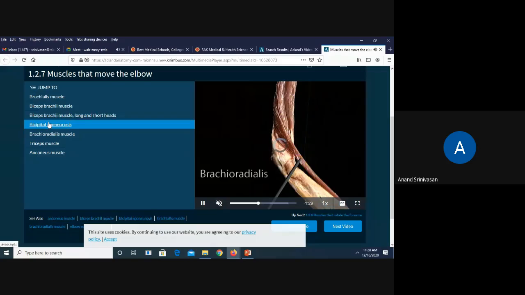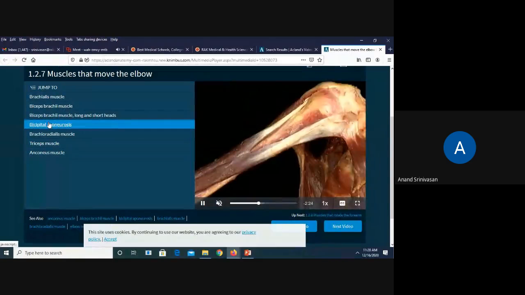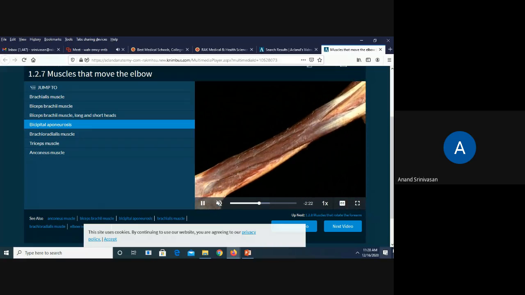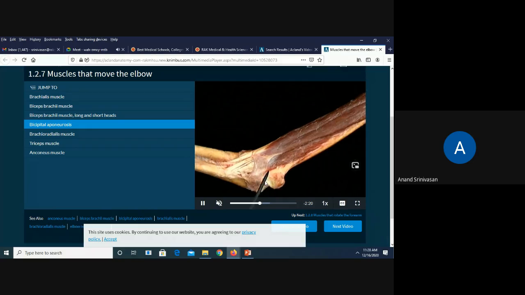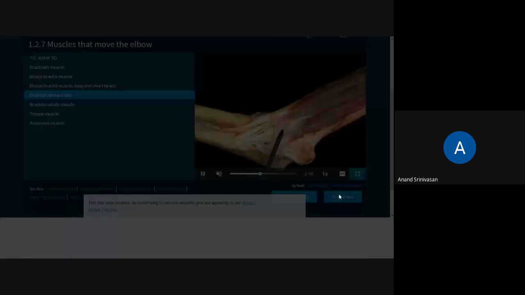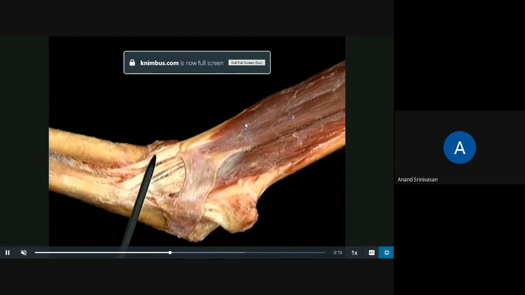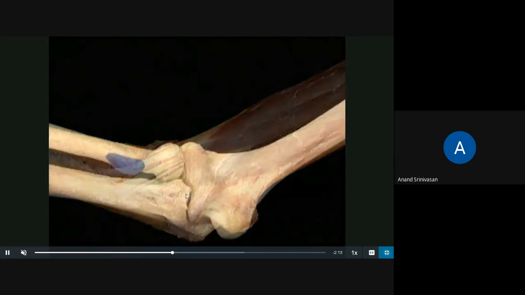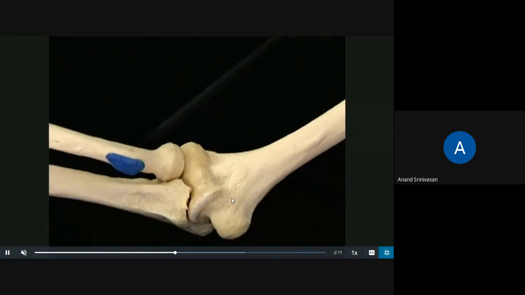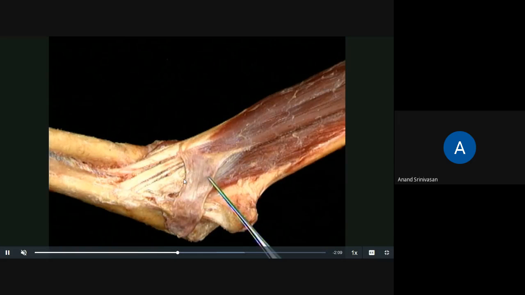For example, the bicipital aponeurosis. Here he shows the bicipital aponeurosis. This is the biceps tendon, and from the biceps tendon there is the bicipital aponeurosis.